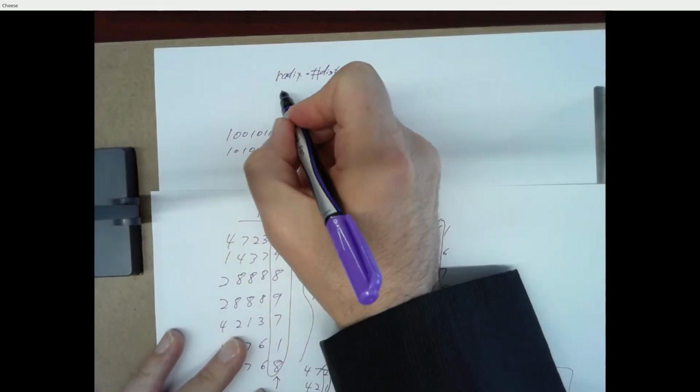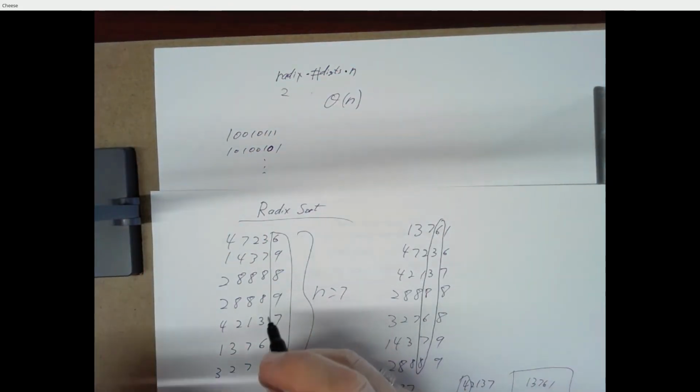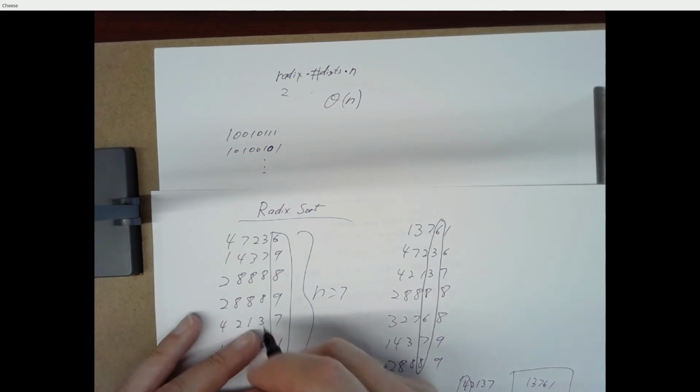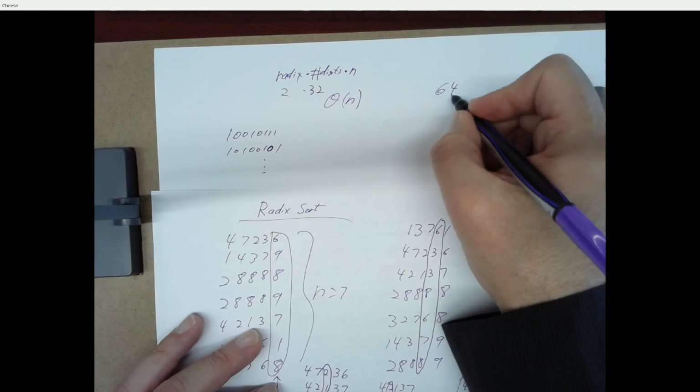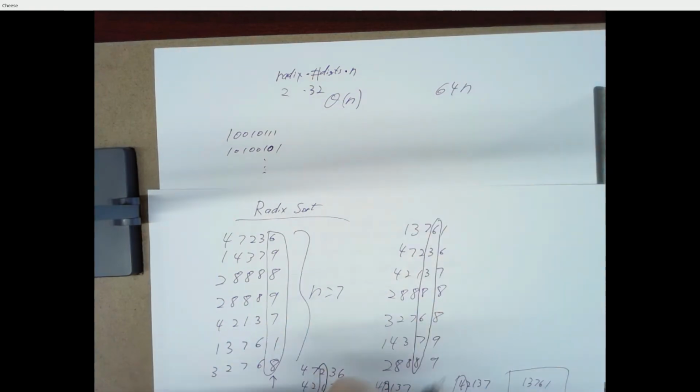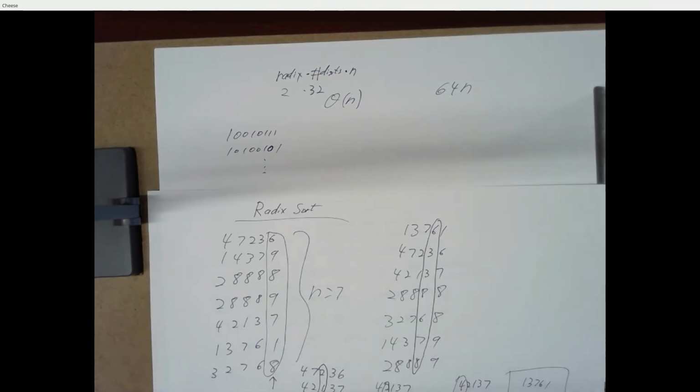So the radix is 2, and suppose we're doing integers, and they're 32-bit integers. That's 2 times 32, that's roughly 64n operations. Should it be n times 64? It should. So that looks like order n, right?